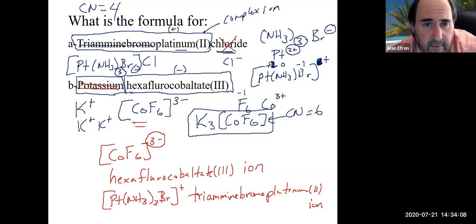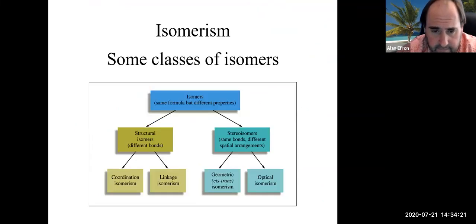Okay, then we're going to switch gears a little bit, and we're going to talk about isomers, and isomers that involve these complex ions or coordination compounds. There are several different classes of isomers, but generally speaking, an isomer is something that has the same molecular formula, but something's different about it.